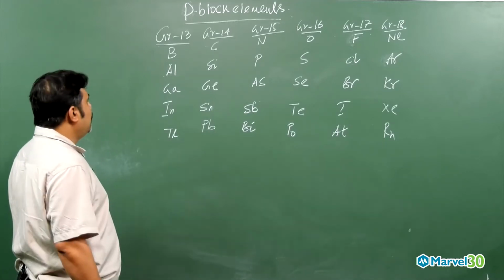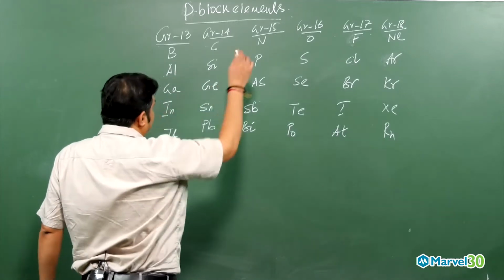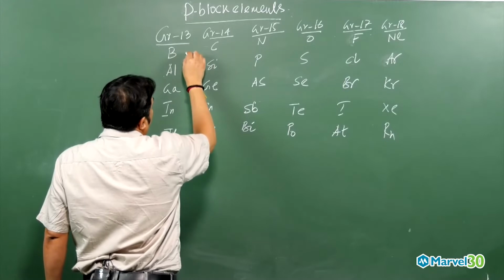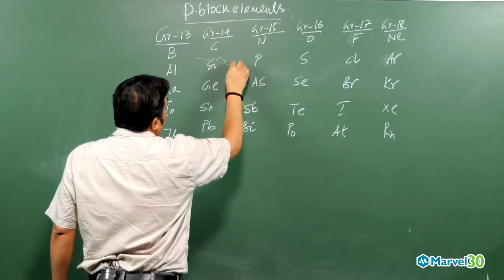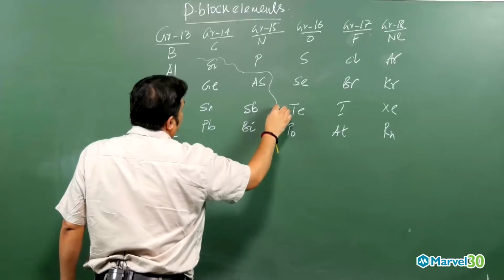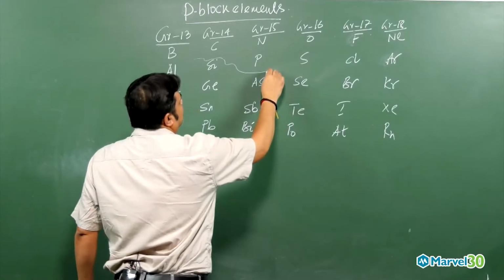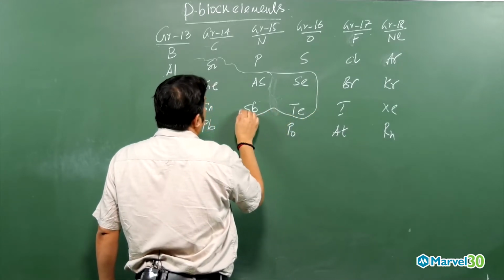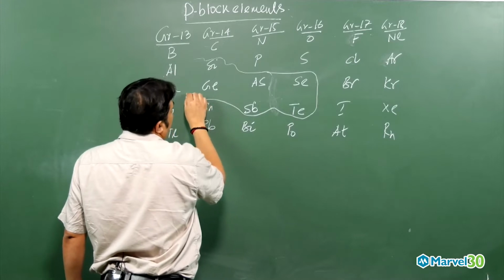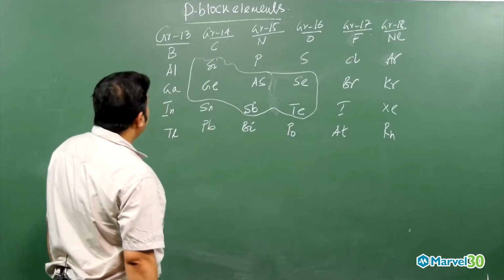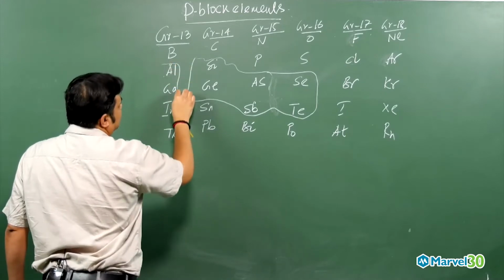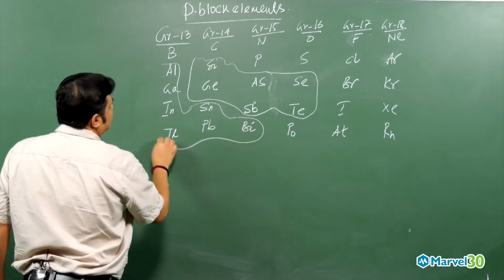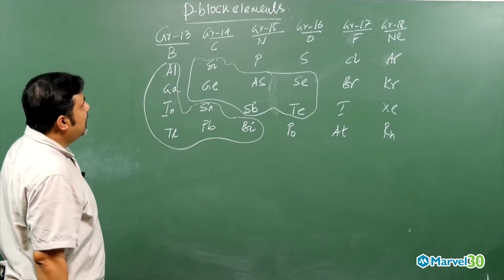Now if you look at these elements, generally germanium, silicon, arsenic, antimony, selenium, tellurium, this part I am just marking.